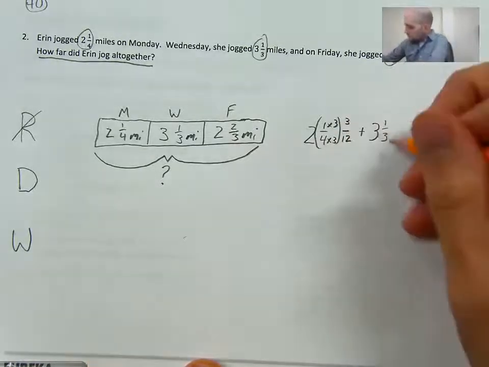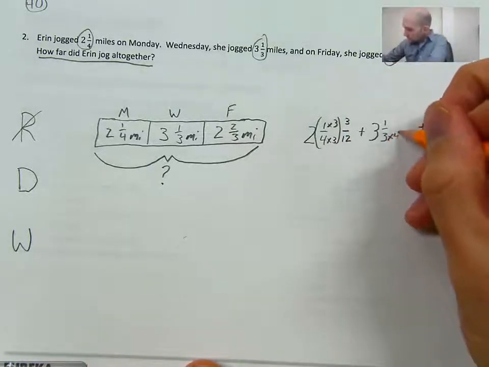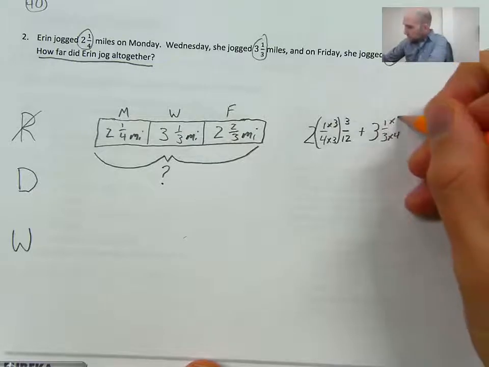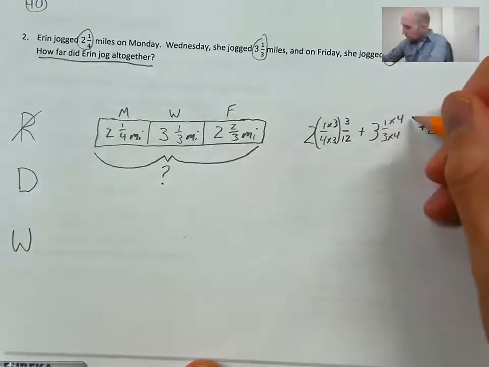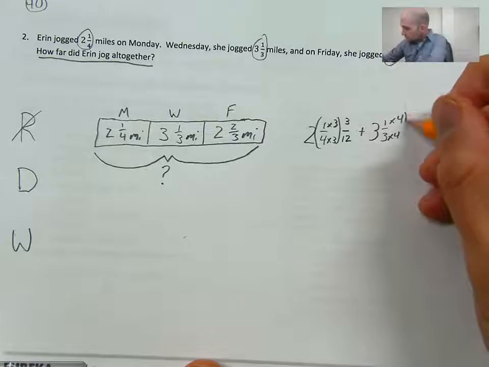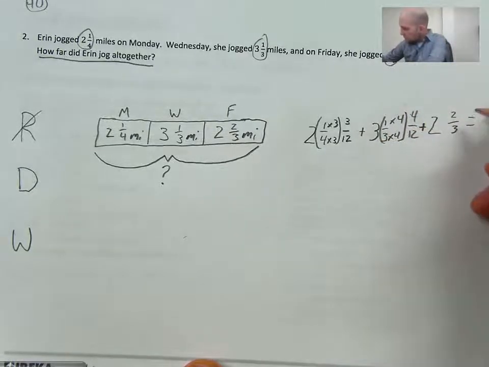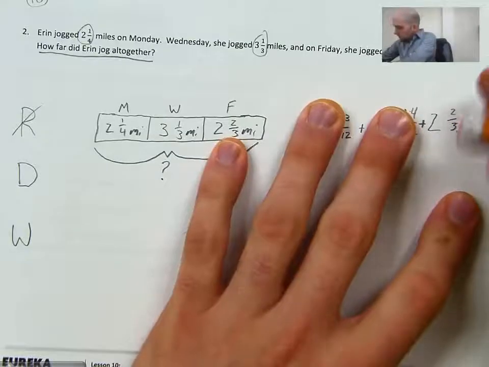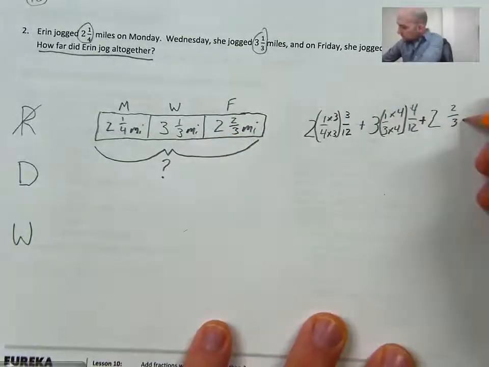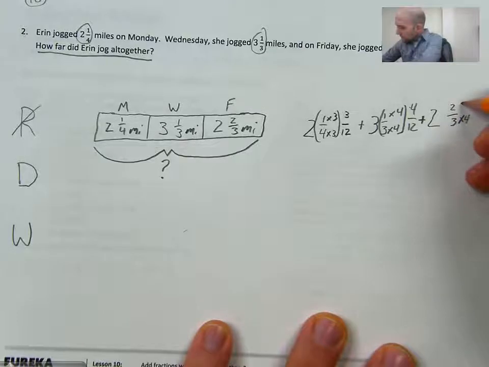So 2 3/12. For the 1/3, I need to multiply by 4 on the bottom to get to 12, 4 on the top, and I'm going to end up with 4/12. And then my last one here, I need to multiply by 4 on the bottom, 4 on the top. And I'm going to end up with 8/12.